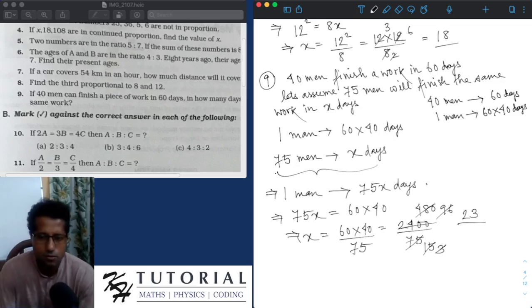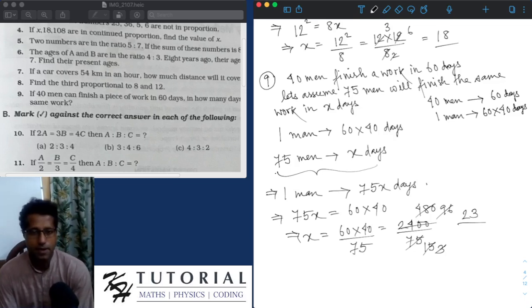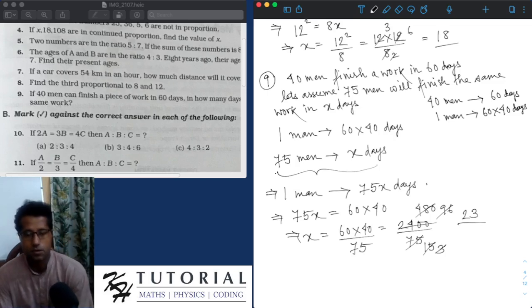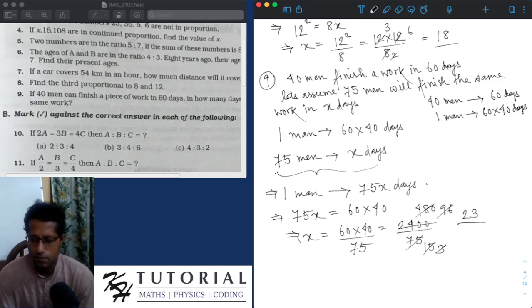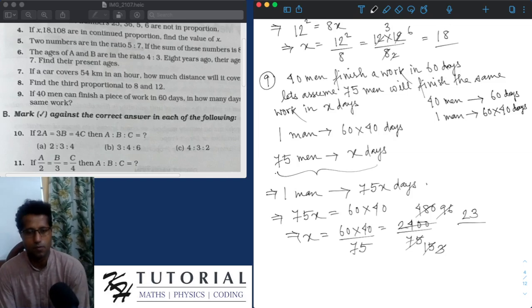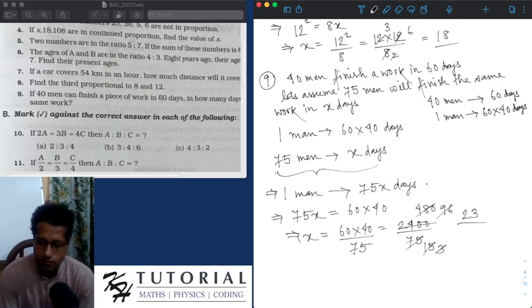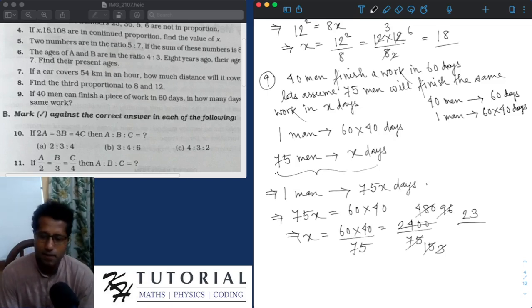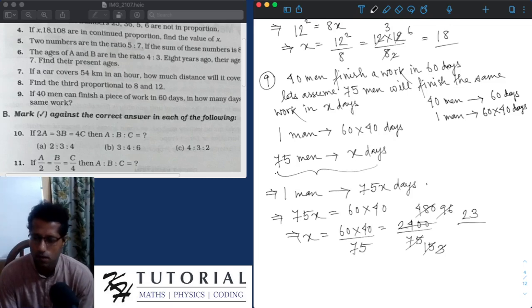So this brings us to the end of solving test paper 8. These are a good set of problems. You must do them to test your understanding of the concept of ratio and proportion, and possibly I will make, if not two, then one practice test paper that will cover all the concepts of ratio and proportion. It will possibly have 20 questions which you must complete in 1 hour, and the pattern of the questions will be MCQ, true and false, match the column and fill in the blanks.